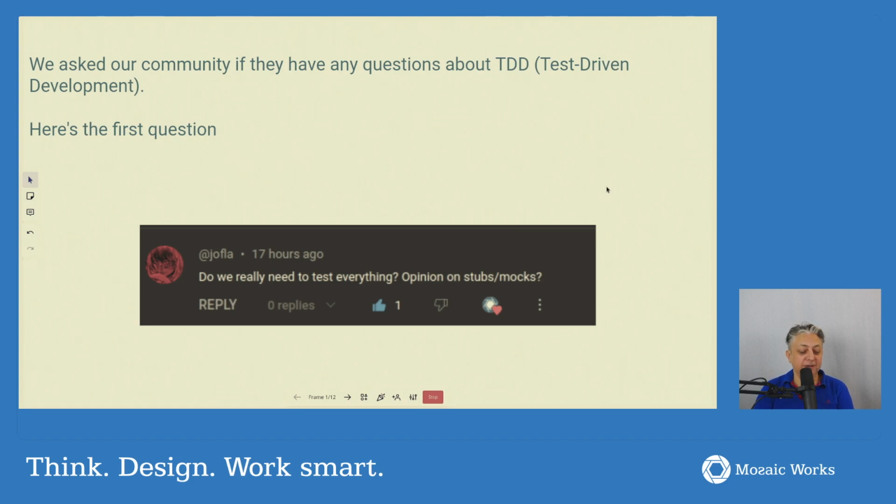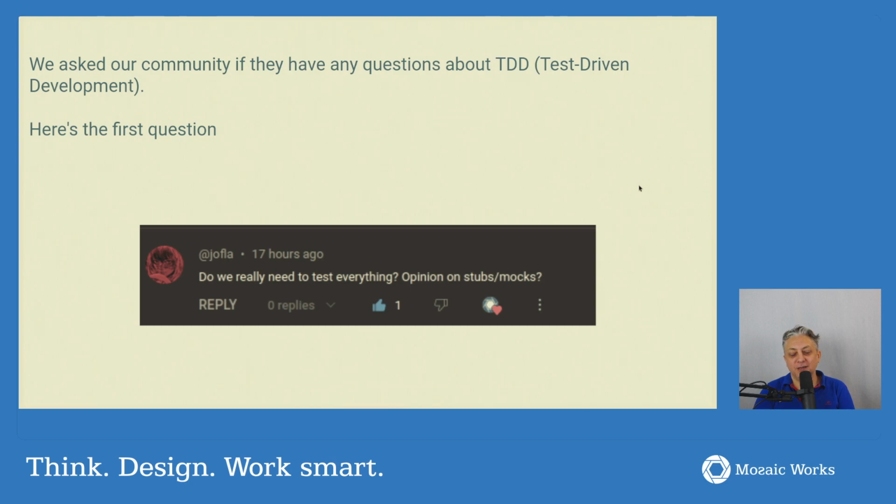And when I first read this question, I thought, oh, there's a lot to talk about here. First of all, I understand where the question is coming from. I understand that if you see tests that are written against private methods, against getters and setters, against really boring code, you might really wonder, okay, what's the point of doing that?